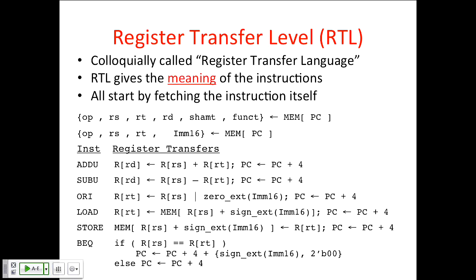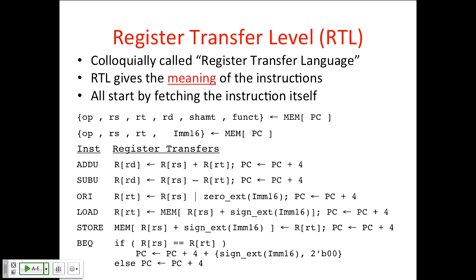For OR immediate, you take one register operand, the register whose address is given by the RS field. This RS is the same as this RS. Then I'm going to OR it with the 16-bit immediate field, but zero-extended. It takes that value and zero-extends it up to 32 bits.